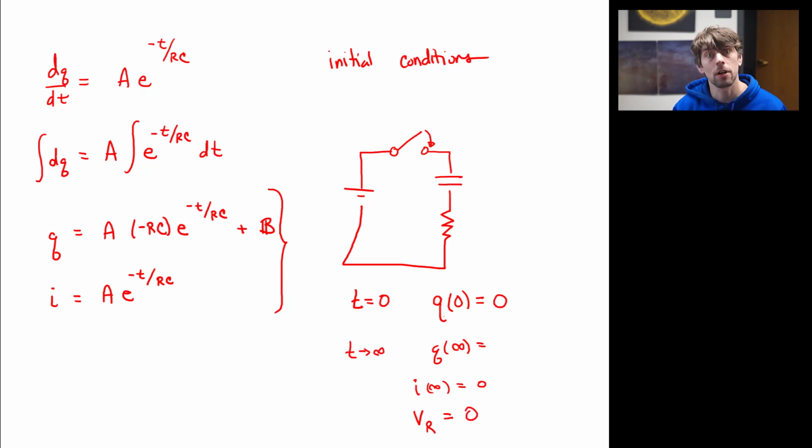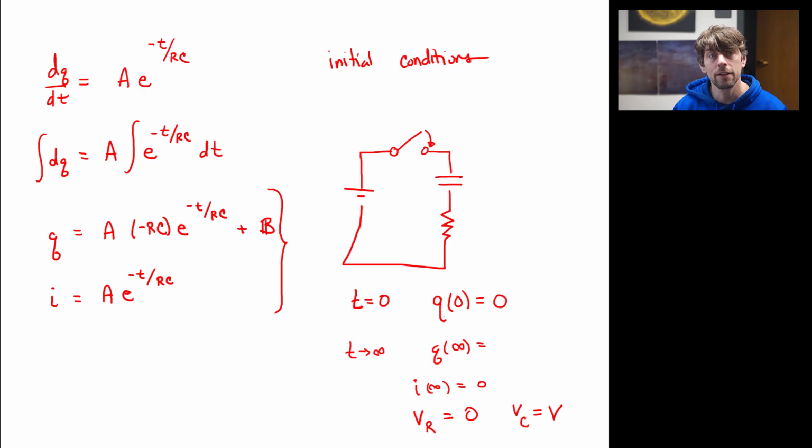The potential drop across the resistor should be 0 because there's no current. Okay? So if the potential drop across the resistor is 0, what can you tell me about the potential drop across the capacitor? Yeah, good. So if the potential drop across the resistor is 0, the potential drop across the capacitor must be that of the battery.